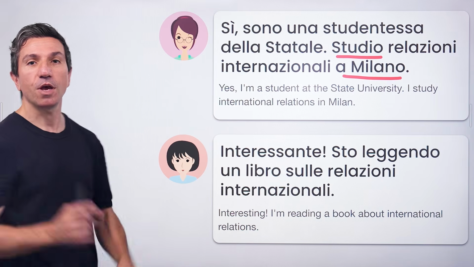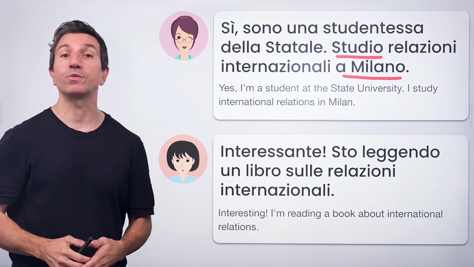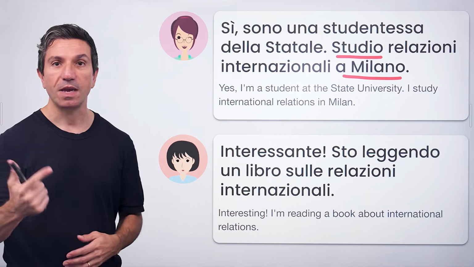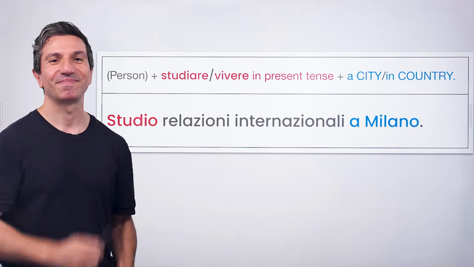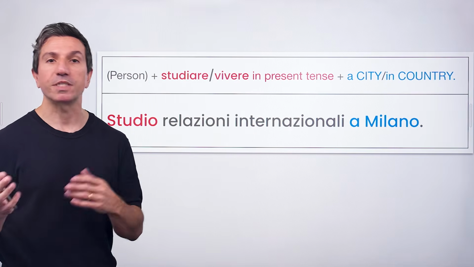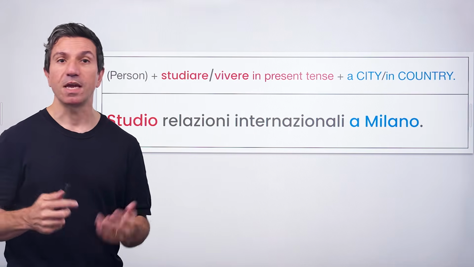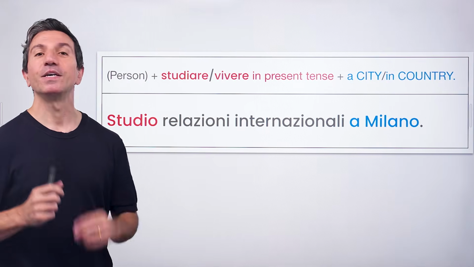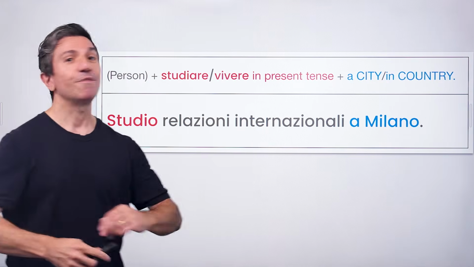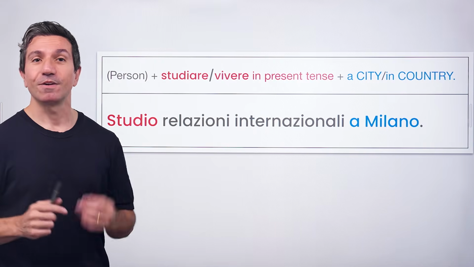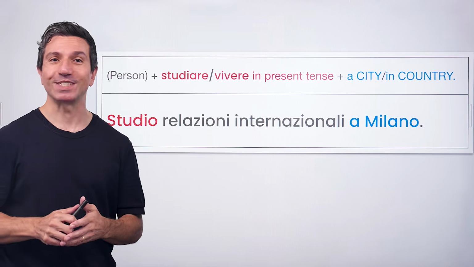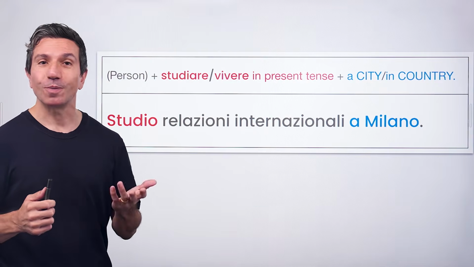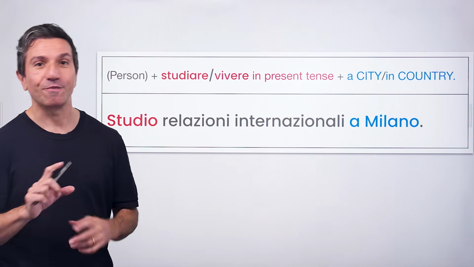In this lesson, we used two common patterns to describe study, living, and school-related activities in Italian. When talking about where someone studies or lives, we use the present tense of studiare or vivere, followed by a for cities or in for countries, as in studio a Milano or vivo in Italia.